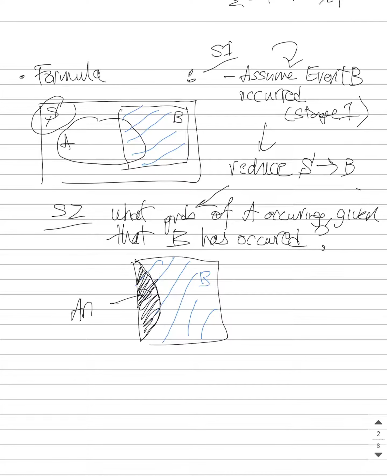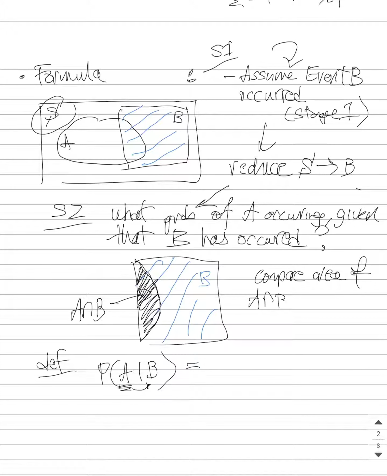So remember, this would be A and B. If you are interested in the chance that A is going to occur given that B has, we use this notation. This is called conditional probability. It says, what's the probability of A happening, assuming that B has happened first? We are going to compare the area of the part with A to the area of the whole thing, B. And because areas are synonymous with probabilities, we make this definition.